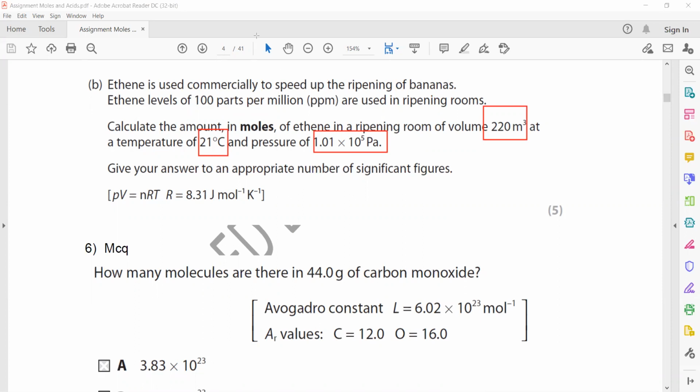So we have the formula. They give you the hint that PV equals nRT, the general gas equation. The value of R is given, but all should be in standard SI units. Because the temperature is given in degrees centigrade, we have to convert it into Kelvin.